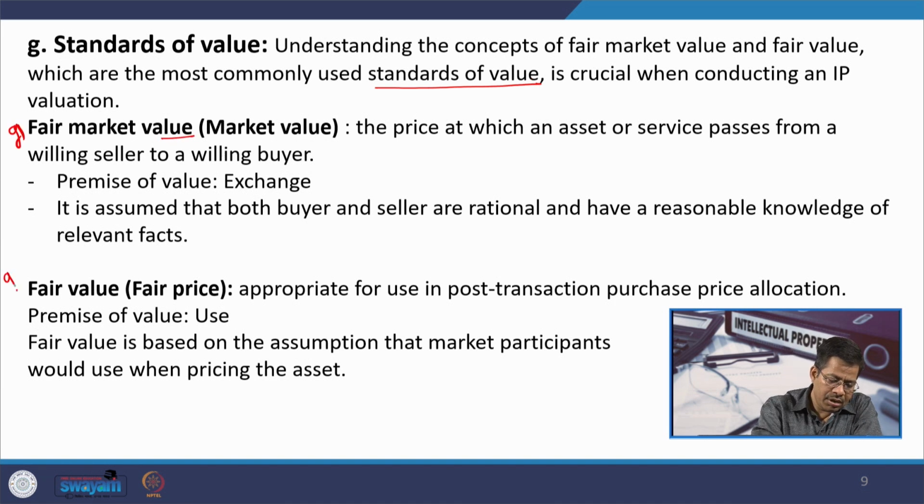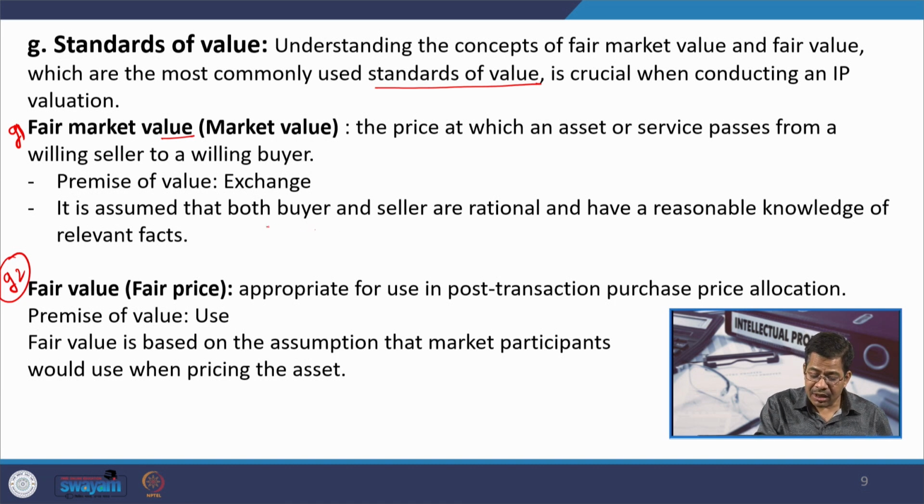Fair market value is the price at which an asset or service passes from a willing seller to a willing buyer. It is a perfect situation, there are so many willing sellers and so many willing buyers, so any buyer can go to any seller. That is the perfect or fair market value.